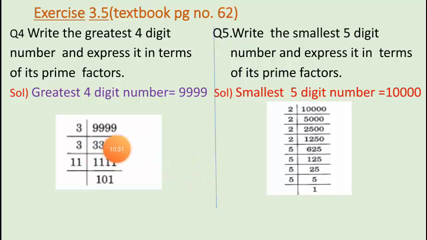And while doing so, you can see here, as we were in need of the greatest 4-digit number, this number is not an even number, so we will not start the division by the smallest prime number, that is 2. We have to look for another smallest prime number other than 2. So here we can see that as such we have 9999, so this number can go with 3.